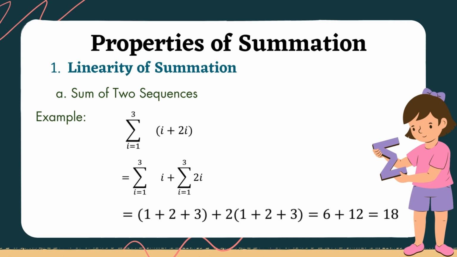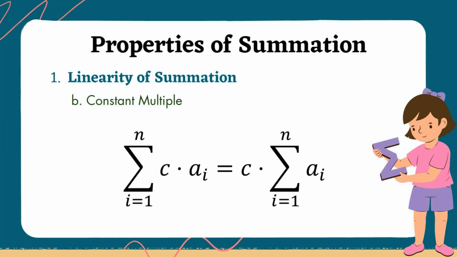That will be equal to 1 plus 2 plus 3 plus 2 times the quantity 1 plus 2 plus 3. So 1 plus 2 plus 3 is equal to 6, plus 2 multiplied by 6, so that's 12. We have here a total of 18.